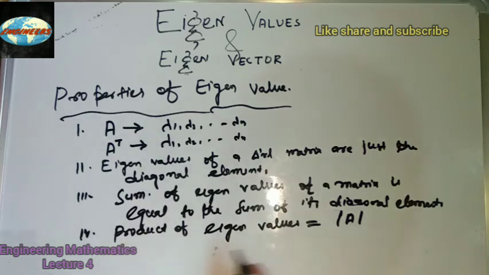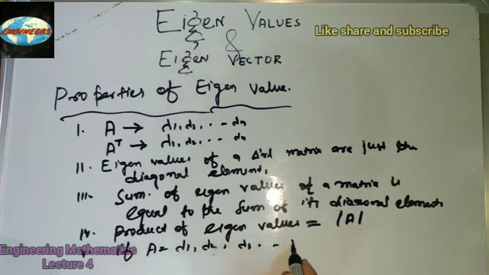And one more property quickly. If A is a matrix whose eigenvalues are lambda 1, lambda 2, lambda 3, and so on up to lambda n, and it says find the eigenvalues of A raised to the power m, then for this case the eigenvalues are lambda 1 raised to the power m, lambda 2 raised to the power m, lambda 3 raised to the power m, and so on, lambda n raised to the power m.